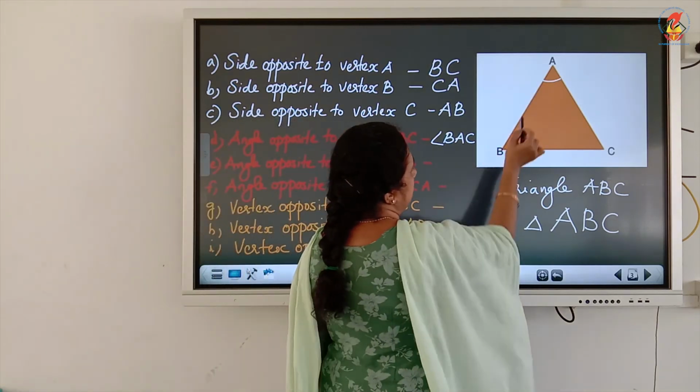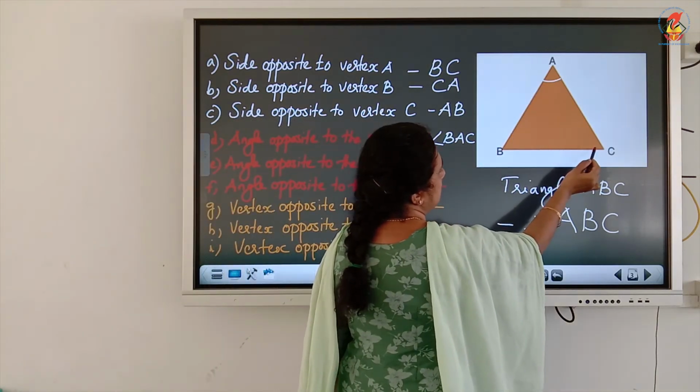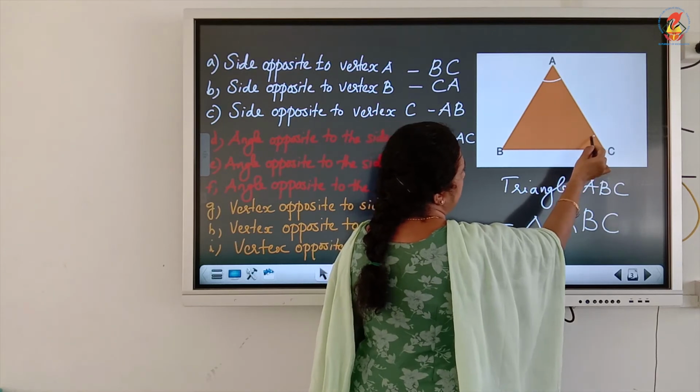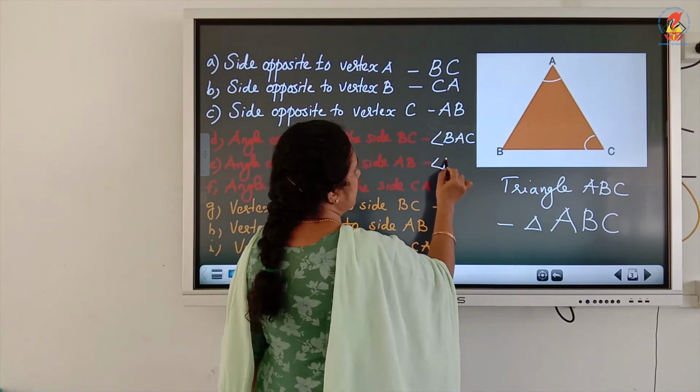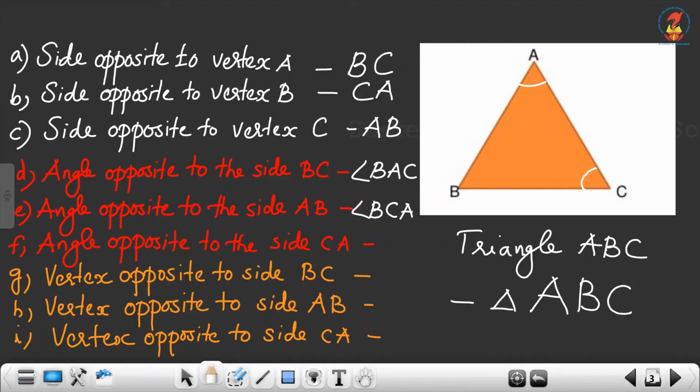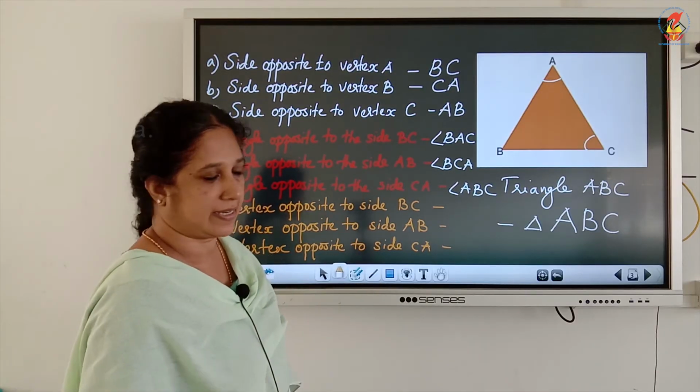The angle opposite to the side AB is which angle? Angle C, and angle C we can write as angle BCA. Then again, angle opposite to the side CA. The angle opposite to the side CA is angle B, and angle B we can write as angle ABC. So we can find out the angle opposite to a particular side.